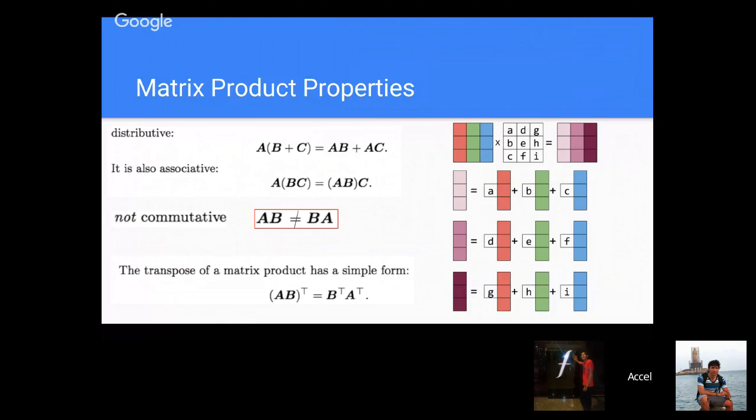The product of A times B is not necessarily equal to the product of B times A. And the transpose of a matrix product has a simple form, as shown.